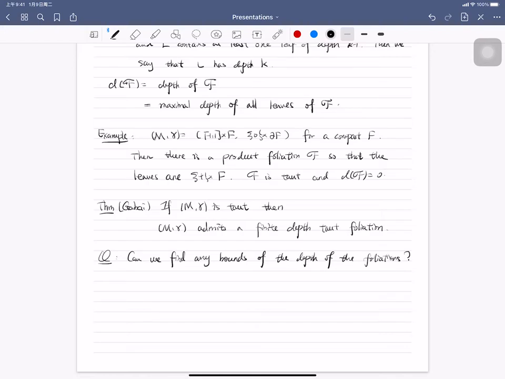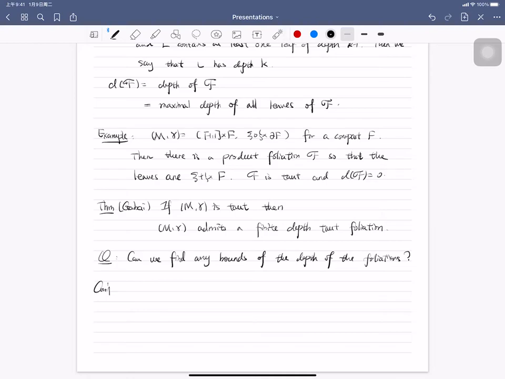Recall in the first part of the talk, we talked about the depth of a sutured manifold. That's the number of steps of sutured manifold decompositions making M and gamma into a product sutured manifold. So we do have a bound on the depth of sutured manifolds, but prior to the main theorem I'm going to talk about, there's no effective bounds for the depths of taut foliations.